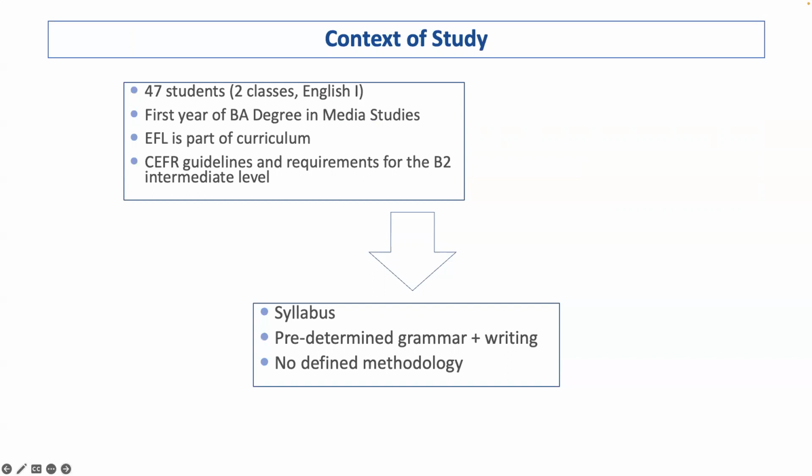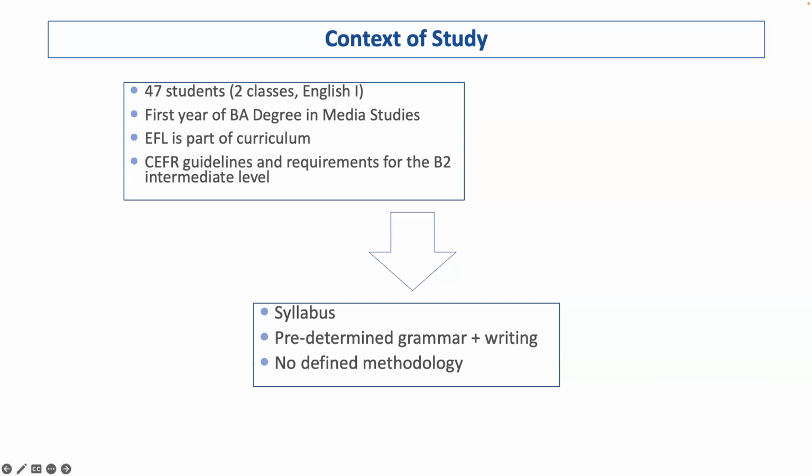At UCP, all classes follow the same syllabus, which entails predetermined grammar and writing components, but no defined methodology is set for the teachers. So this leads to variations in teaching styles and approaches across different classes, and there are more than 2 classes.